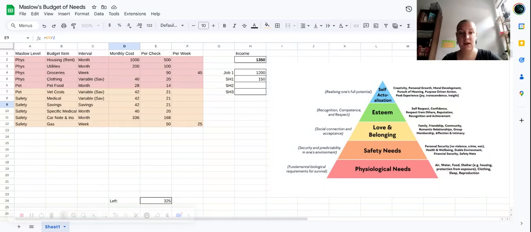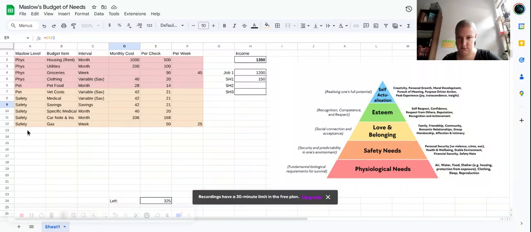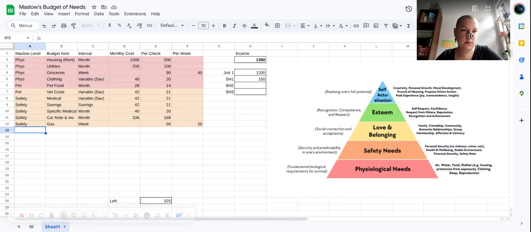So now, let's talk about some going out. Let's talk about some fun money. I'm going to call this belonging, because I don't want to put two words.